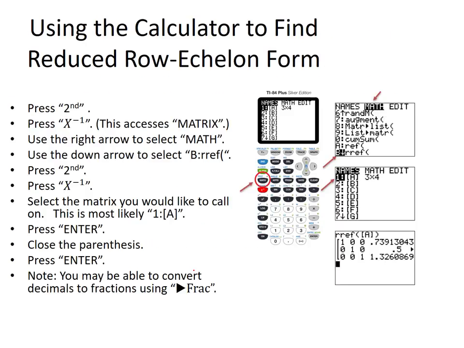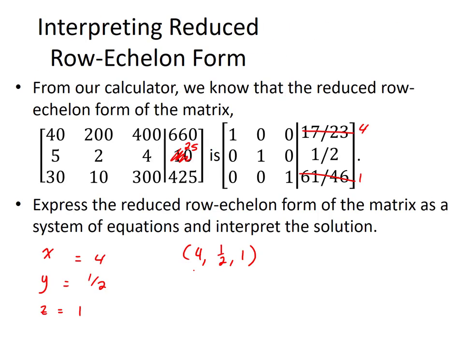So that would be 4 ounces of food X. Go ahead and write that. So 4 ounces of X, 1/2 an ounce of Y, 1 ounce of Z. That would be the solution to how we can have the right amount of calories, protein, and vitamin C.